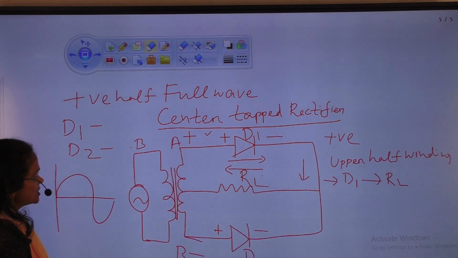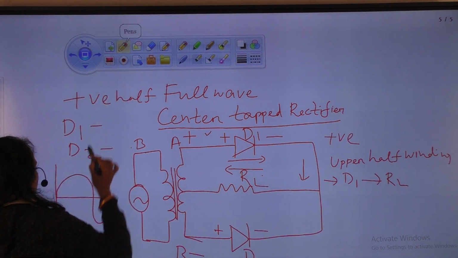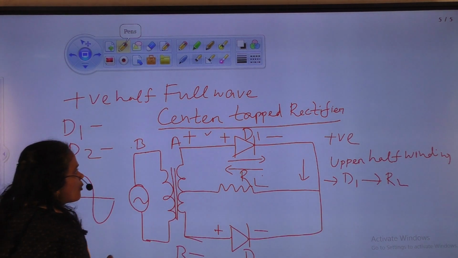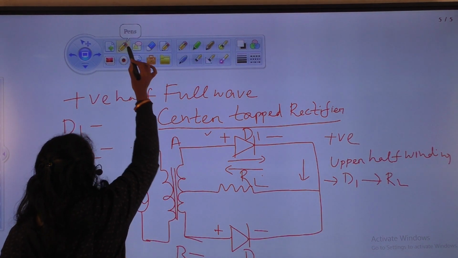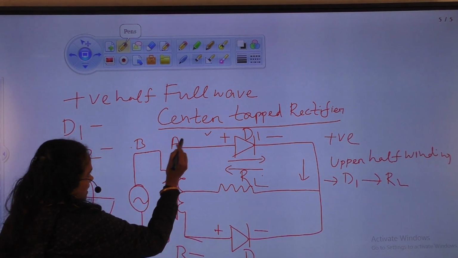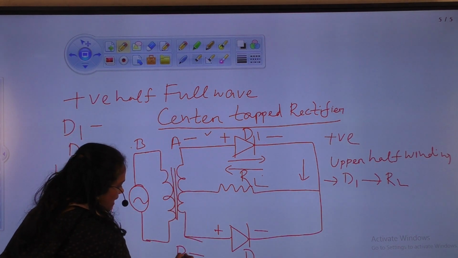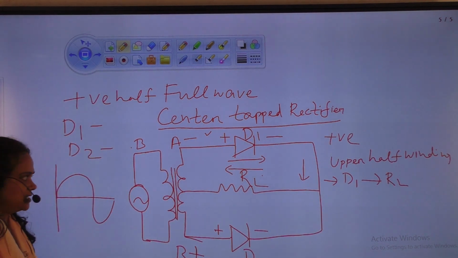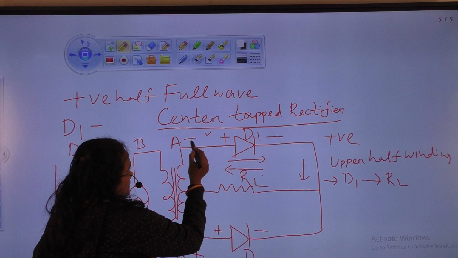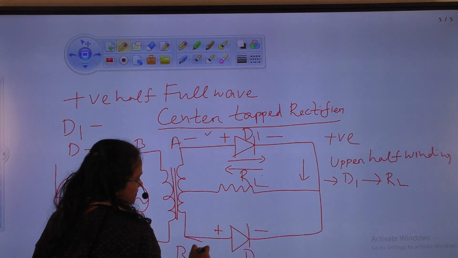Next, we give negative half cycle. When we give negative half cycle, at that time end A becomes negative and end B becomes positive, means polarity changes. So here minus plus and here it is plus plus.